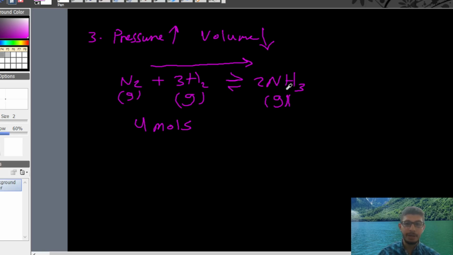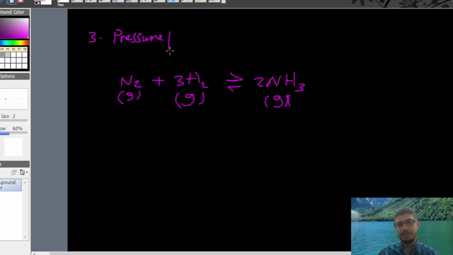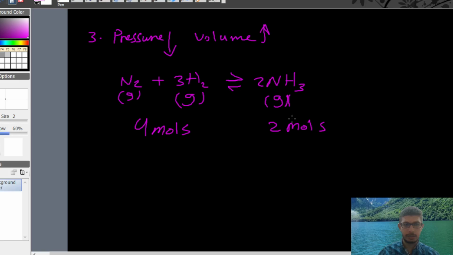What would happen if I decrease the pressure? If I decrease pressure, I increase the volume, right? We have here 4 moles of reactants and 2 moles of products.